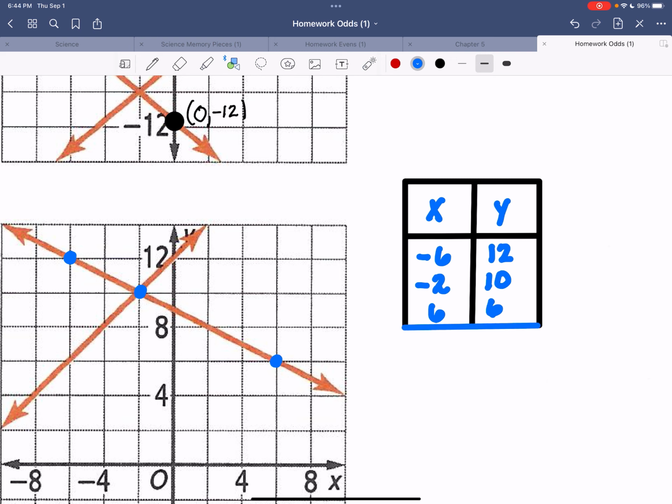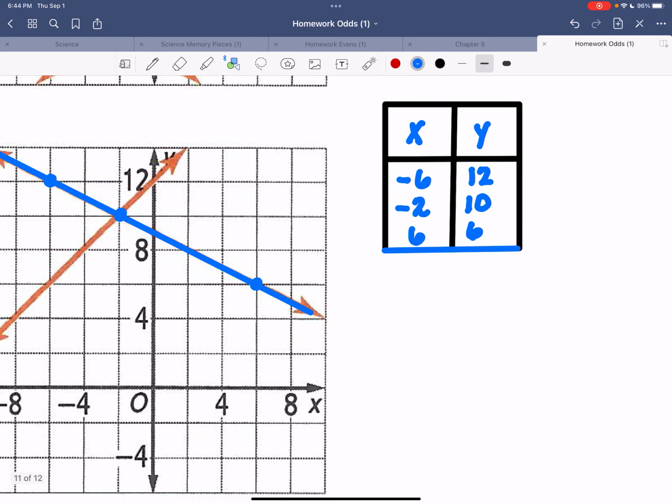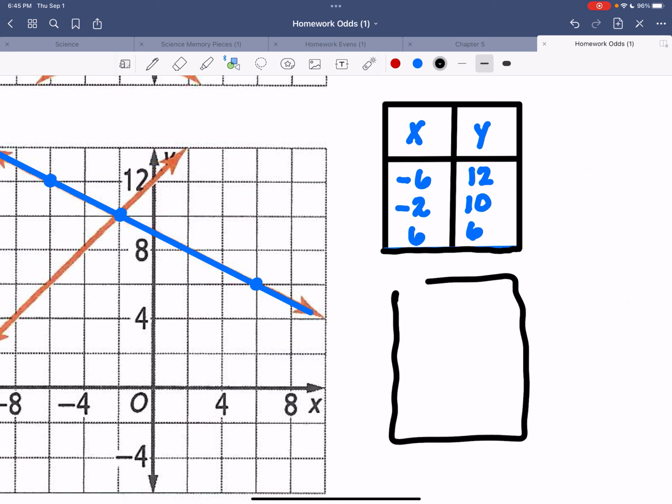So those are the points for that particular line. Let's make it blue. Then we're going to do the same thing for the other table. So let's draw another table.